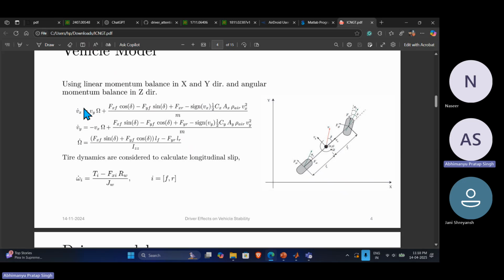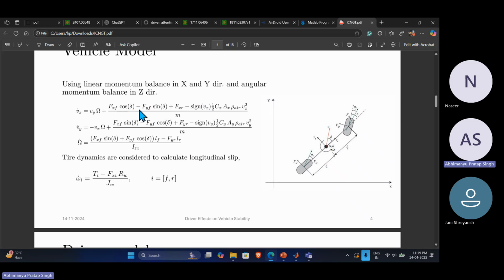It's a 5-dimensional system, 3 dimensions from the vehicle dynamics, the longitudinal dynamics, lateral dynamics, and the yaw dynamics, and 2 for the tire dynamics. So you can see if I try to find an analytical Jacobian of this system with respect to these three variables, then it's very tedious. It's a very tedious thing to do.